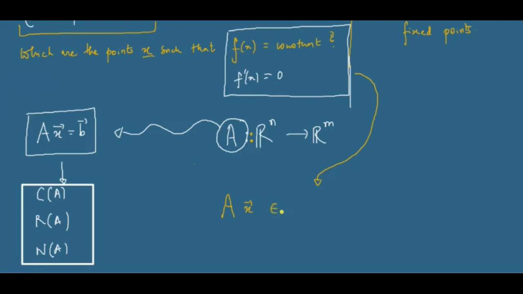Can we find a vector x such that after applying A, Ax belongs to the span of x? That means even after the transformation, the vector stays in the span of x.